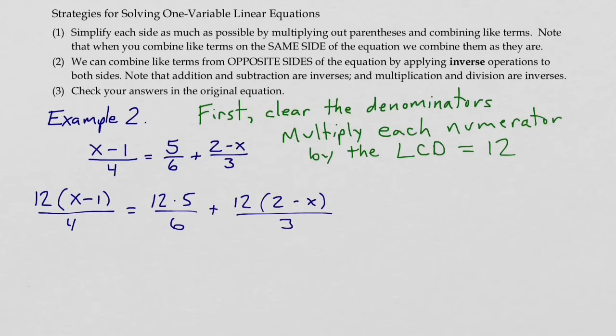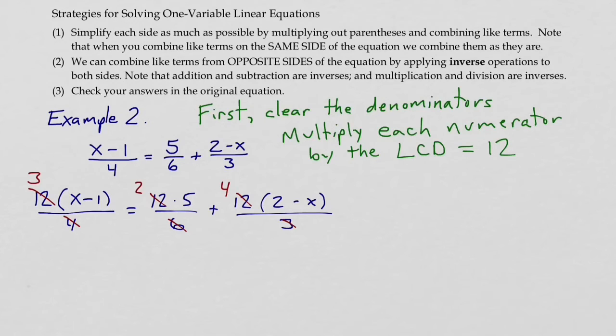The reason why 12 is the best choice here is because 12 cancels with each of the denominators. I can cancel the 12 with the 4, and it leaves a 3 behind, because 12 divided by 4 is 3. I can cancel the 12 with the 6, and it leaves a 2 behind. And I can cancel the 12 with the 3, and it leaves a 4 behind.